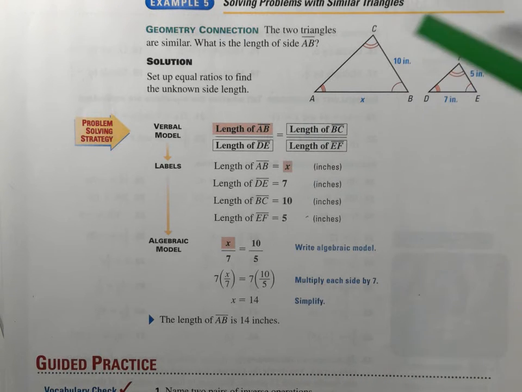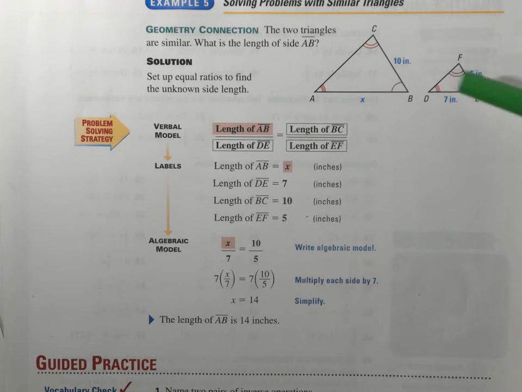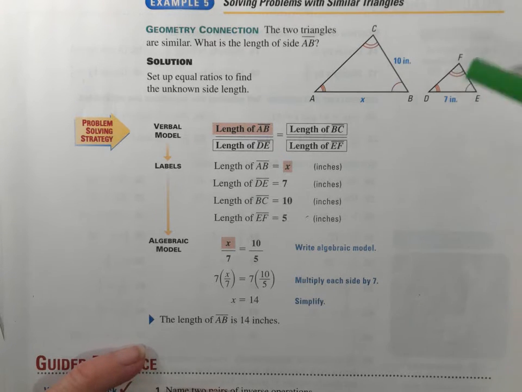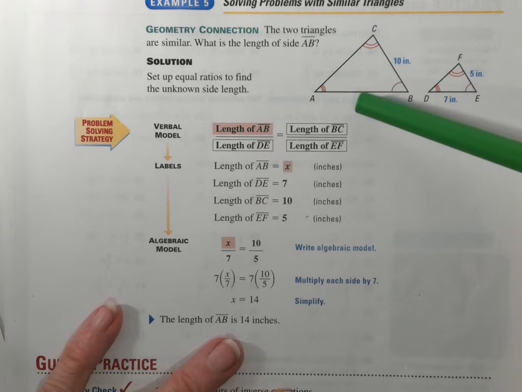But side CB and side FE are the same corresponding sides. So you're going to take the length of CB over FE. Okay? The length of CB over FE is 10 over 5. So we have to find x.